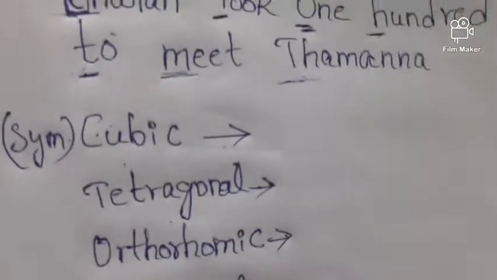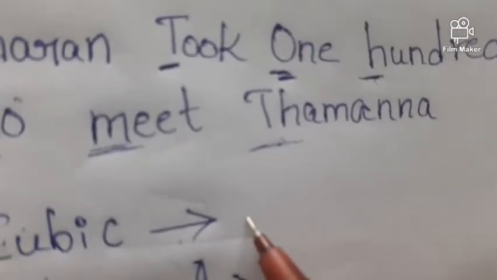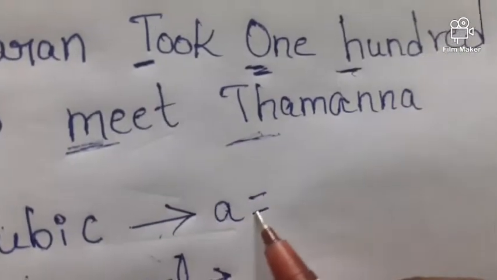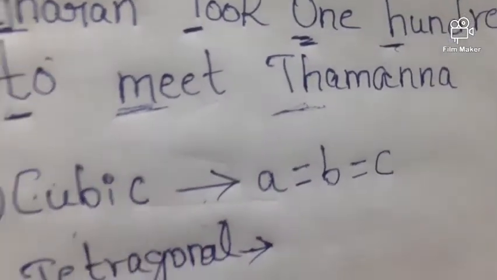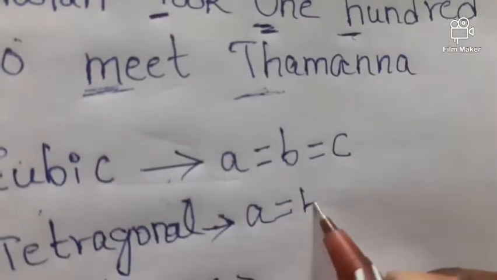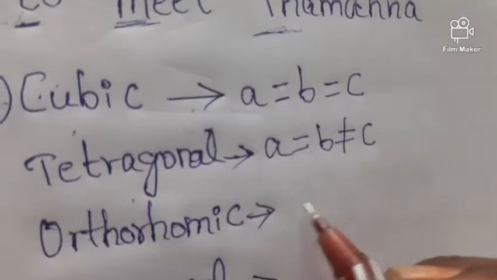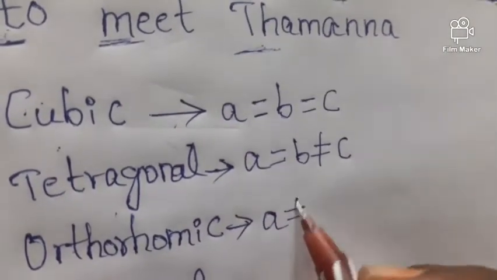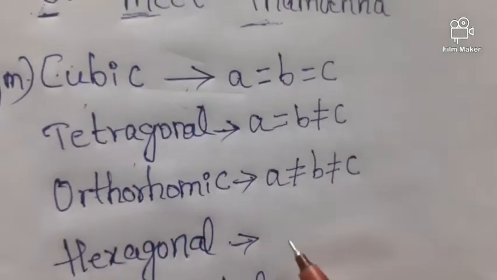For the cubic crystal system, the axial distance is the same for all. That means a = b = c. For the tetragonal system, it is a = b ≠ c. The third one is a ≠ b ≠ c.